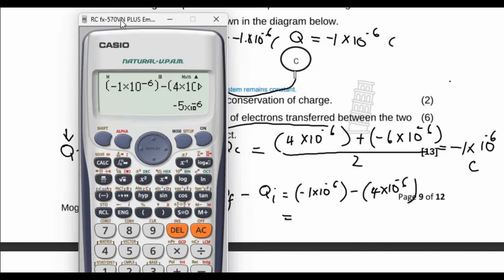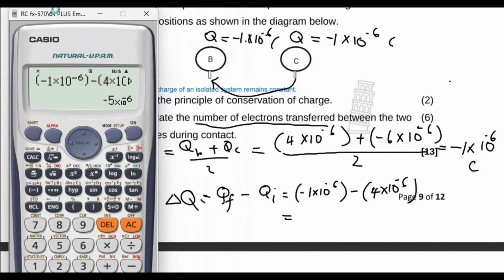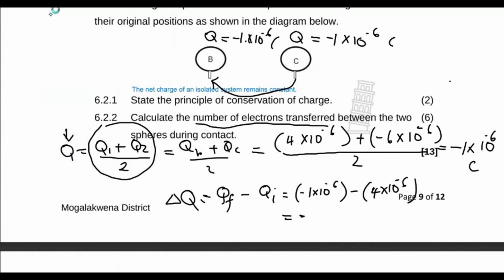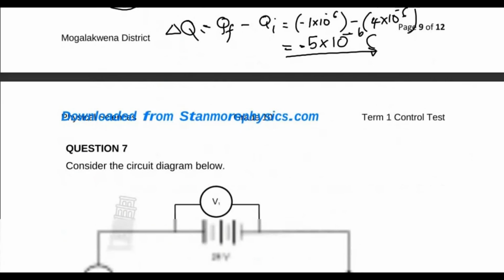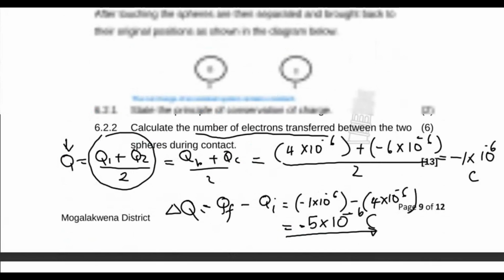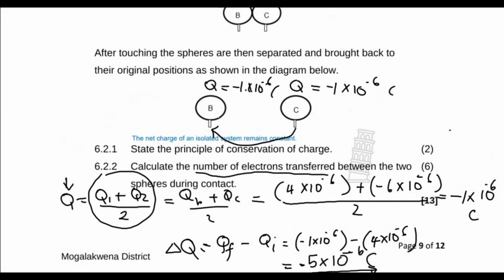It is minus 5 multiplied by 10 raised to the power of minus 6. My calculator is acting up. So the change in Q is going to be minus 5 multiplied by 10 raised to the power of minus 6. We are asked to calculate the number of electrons.